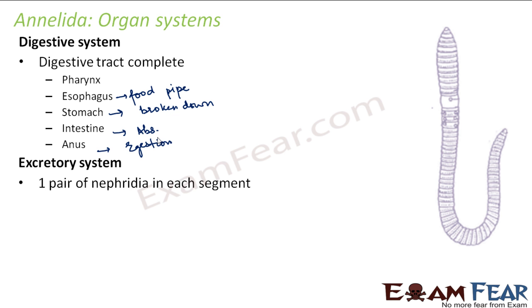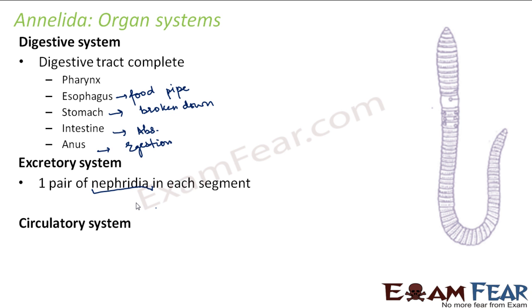Nephridia are special tube-like structures which remove the excretory wastes from the coelom, that is, from the body cavity, to the outside. They take the wastes and throw them outside. They are present in pairs. They also help to maintain osmoregulation, that is, maintaining the correct water balance inside the body of an organism. Neither too much water nor a deficiency of water.